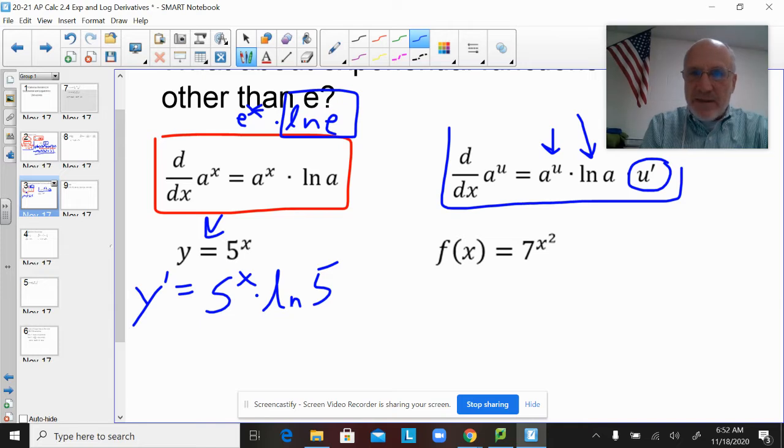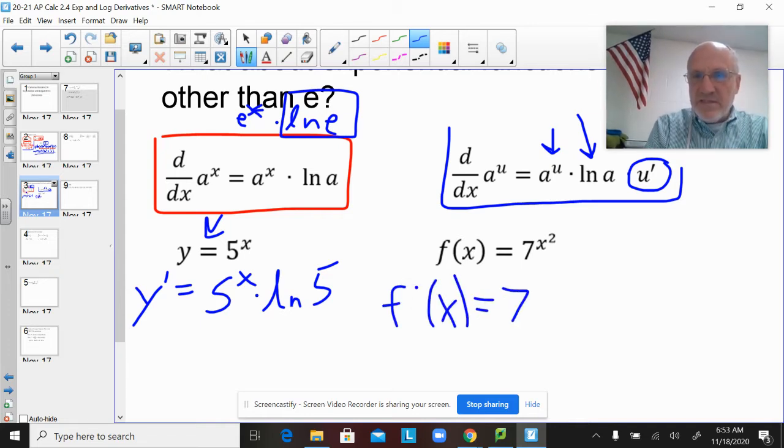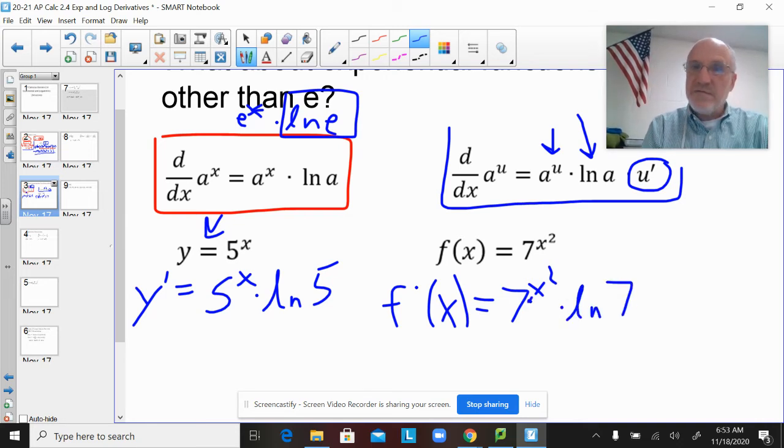So this example down here where f of x equals 7 to the x squared. The derivative of that, three pieces. It is itself, 7 to the x squared, times the natural log of the base, which is the natural log of 7, times the derivative of u. The derivative of x squared is 2x.